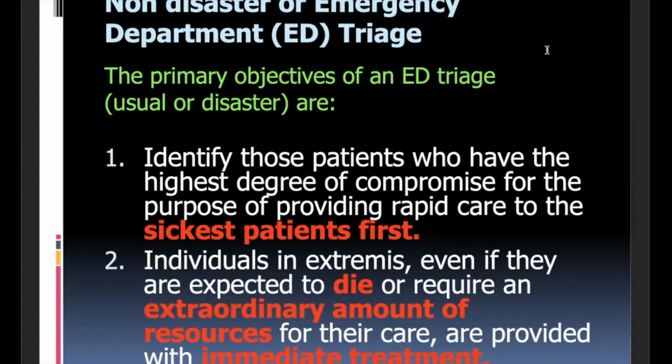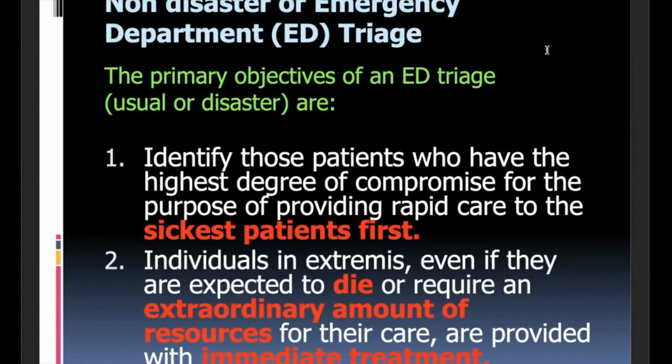Now individuals in extremis, even if they are expected to die or require an extraordinary amount of resources for their care, are provided with immediate treatment. So we need to still perform our responsibilities as healthcare providers, even though we are expecting that the patient is about to die.